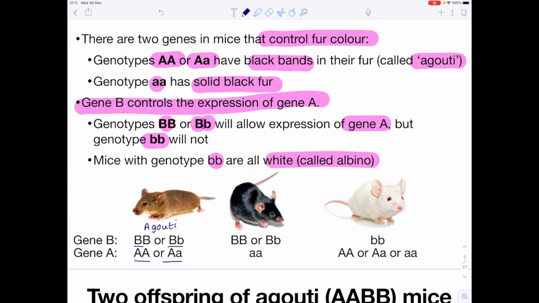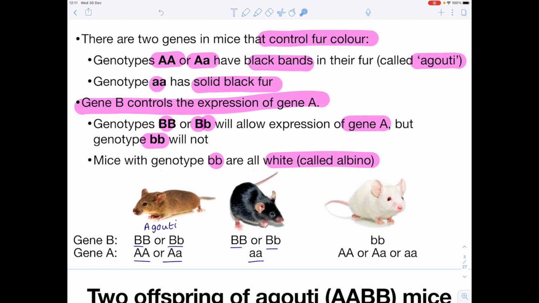With gene B, because again we've been told these two genotypes will allow the expression of gene A, we're allowing the expression of gene A, which in this situation is lowercase a, lowercase a. That means we have a mouse with solid black fur as shown here.